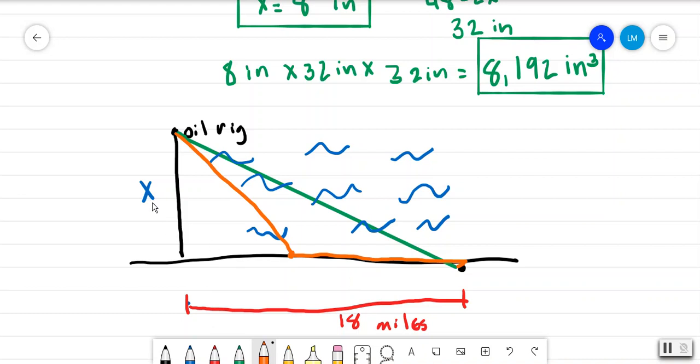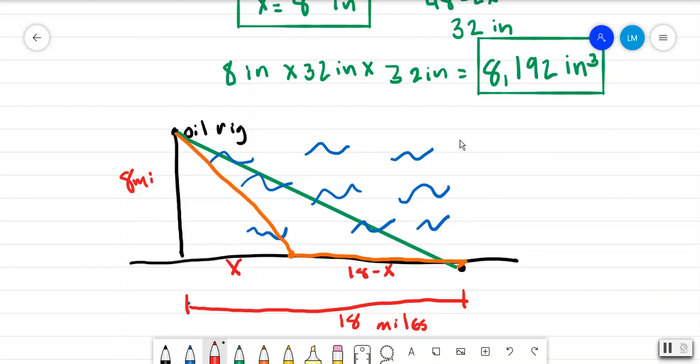Okay, so let's go ahead and rewrite this a little bit. Suppose that this oil rig is 8 miles offshore. Okay, so we can label this as x and this as 18 minus x. That way we just need to find this line and this line.